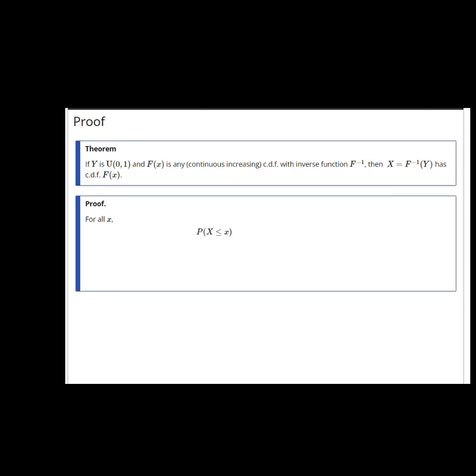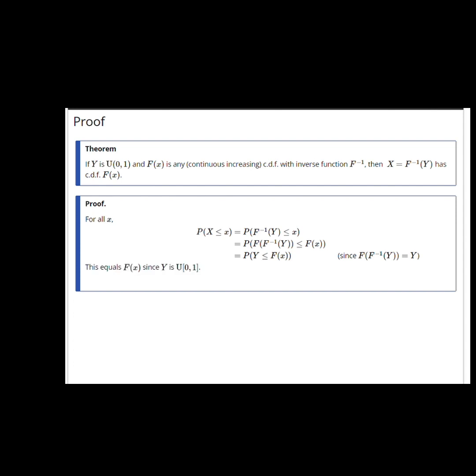What's the probability that capital X is less than or equal to little x? Substitute capital X equals F minus 1 of Y. And then this inequality remains the same provided we apply the continuous increasing function F on both sides of it. F of F minus 1 of Y is less than or equal to F of x, where again F of F minus 1 of Y is just Y. So this is the probability Y is less than or equal to F of x.